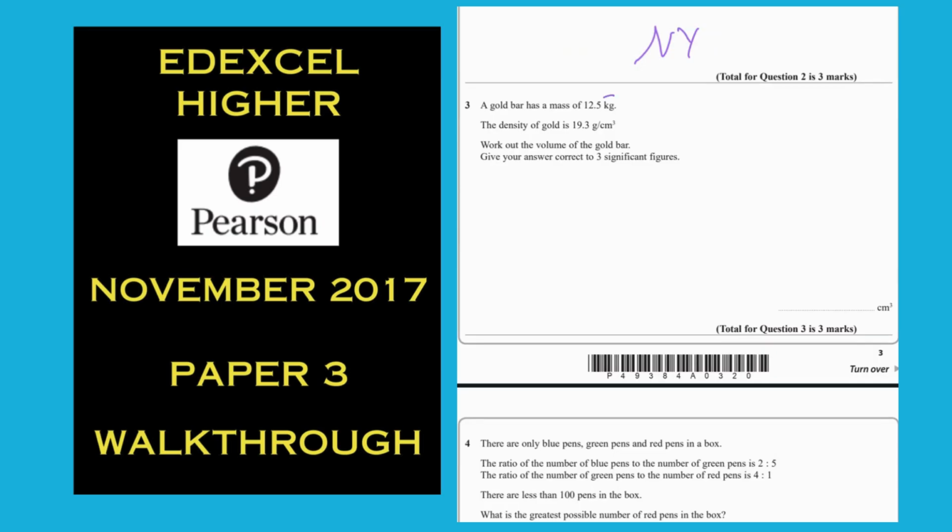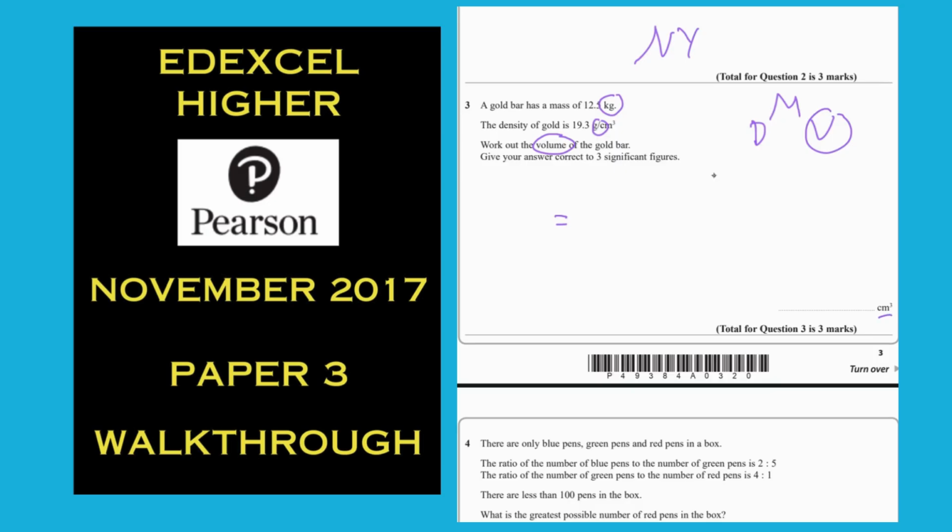Number 3, here's the key to be careful. Kilograms, grams. So yeah, make a note of that. You want the volume, cover it up. So we do need to do mass divided by density.